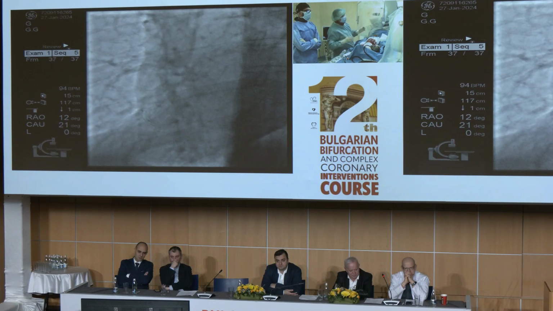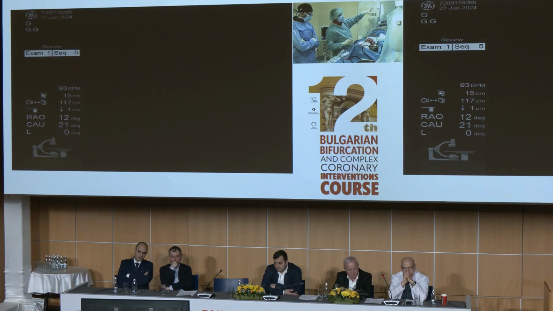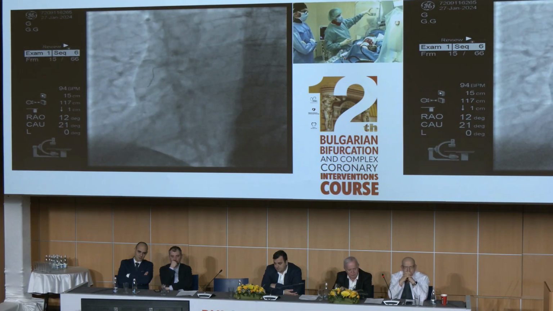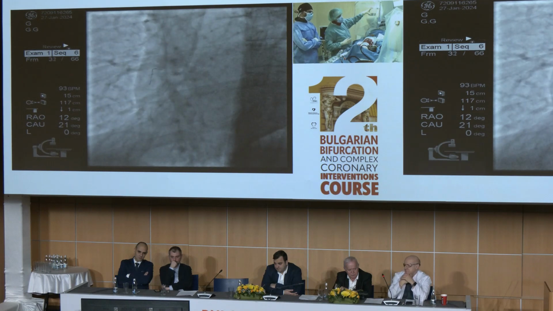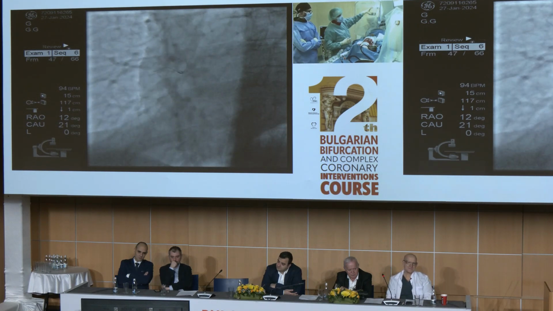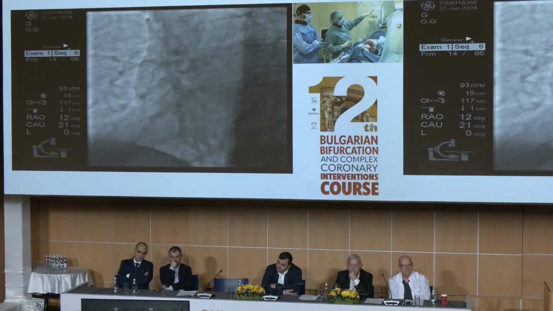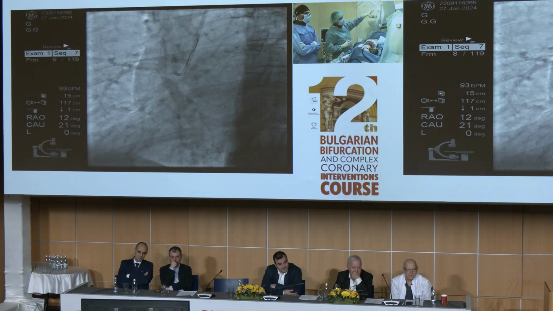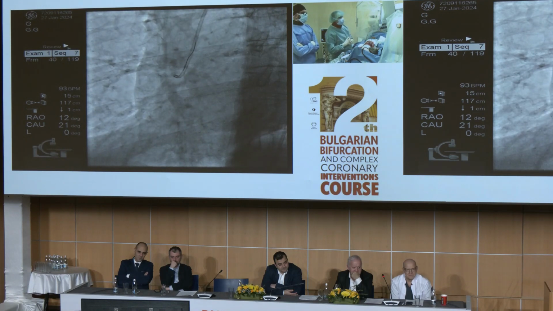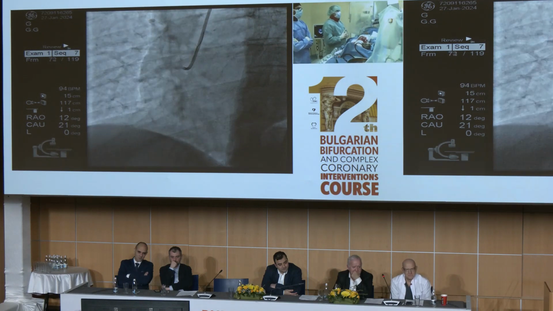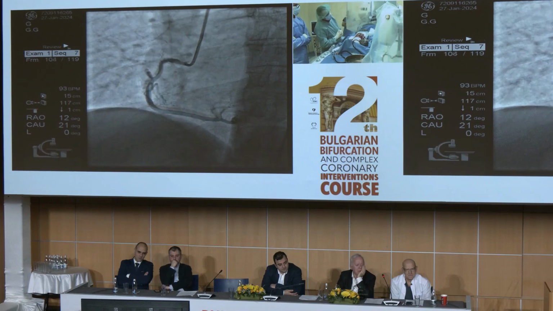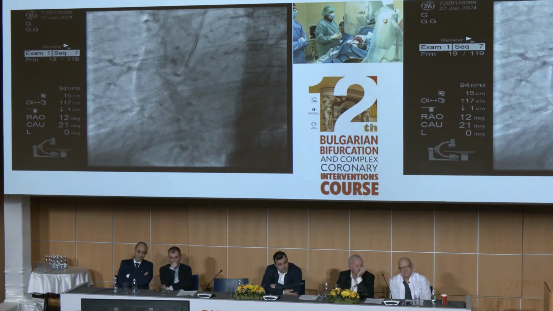After that, we made a pullback, just to be sure. This is the pullback, and there was a perfect one, and we decided not to do anything more on this artery.